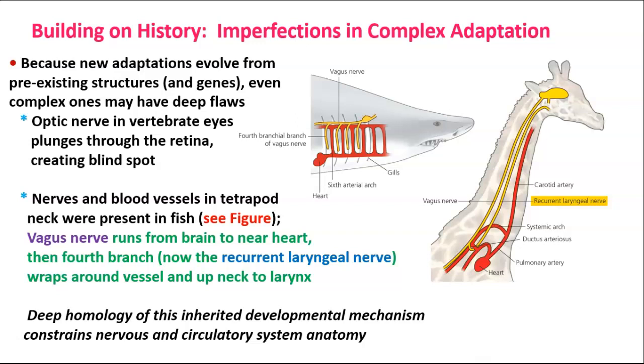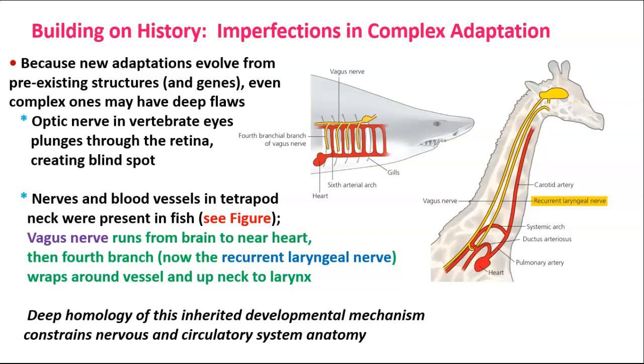We use the raw materials of the genes and the structures that already existed and build on that. We've seen many, many examples of that as we've gone along here in the semester. But this topic of imperfections in complex adaptations is an extension of this idea that evolution builds on what already exists.